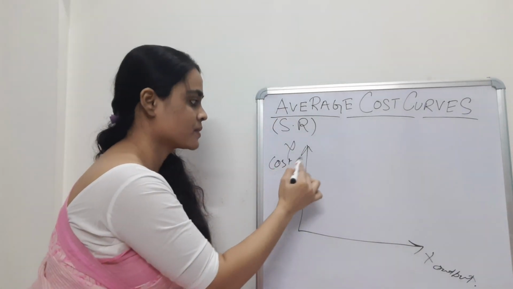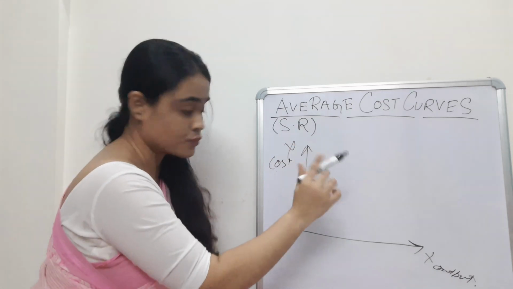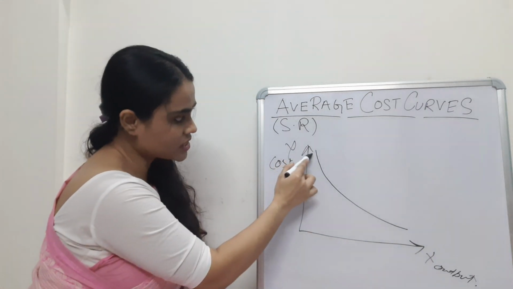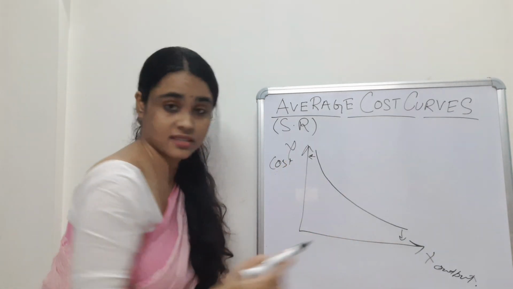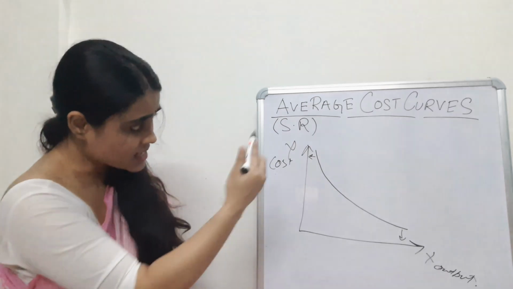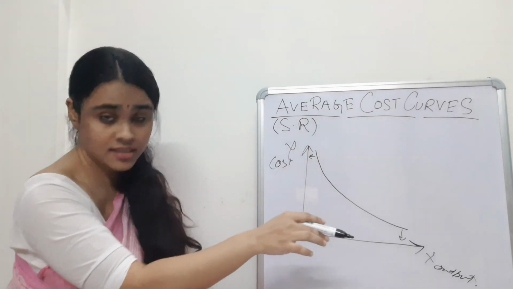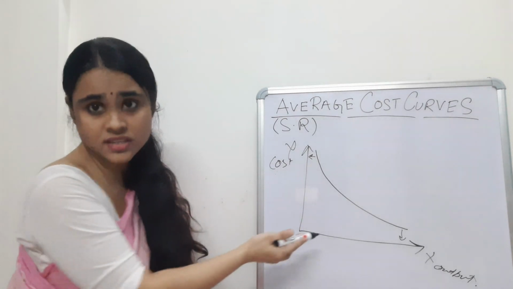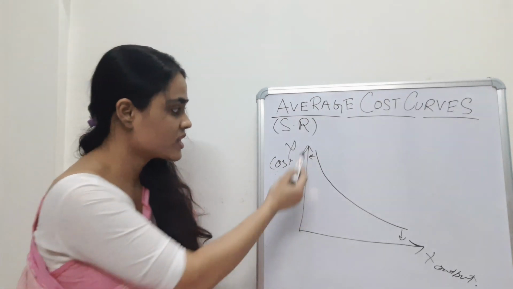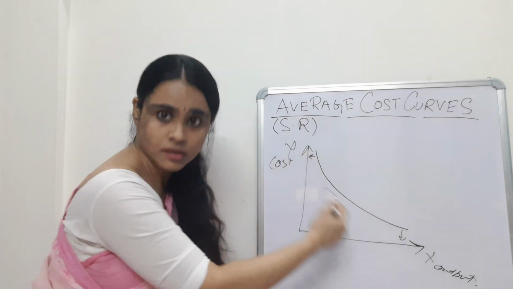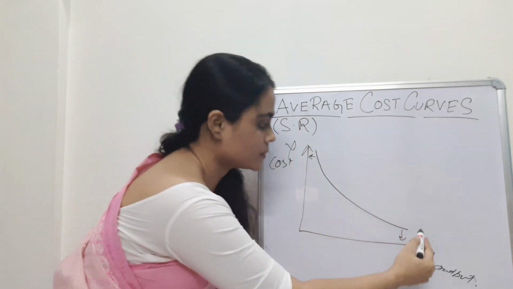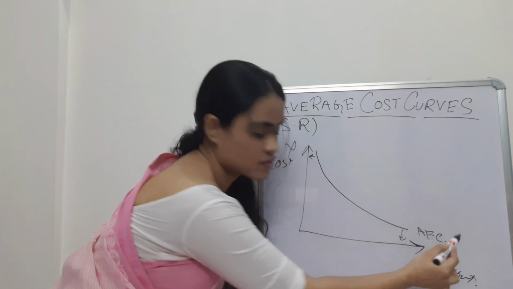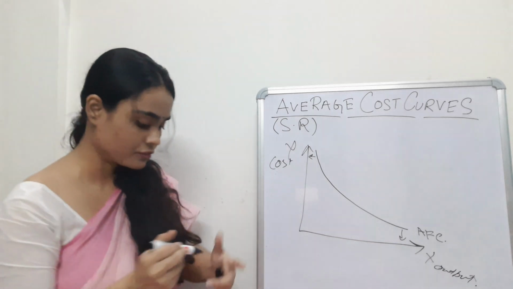The average fixed cost curve will never touch either of these axes, because it is asymptotic to both axes, and its shape is like a rectangular hyperbola. It shows the negative relationship. It is negatively sloped throughout, and this is the average fixed cost curve.